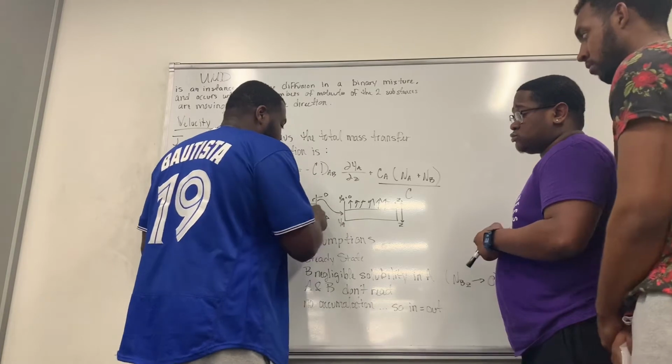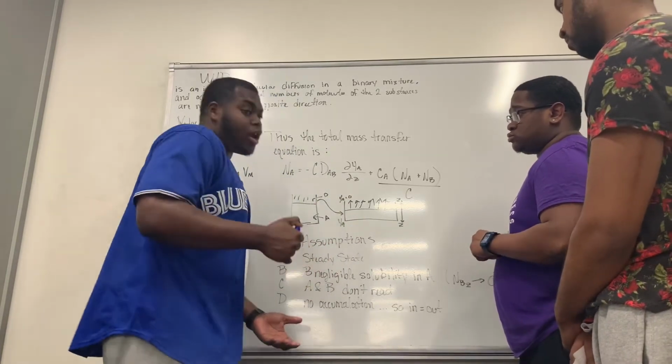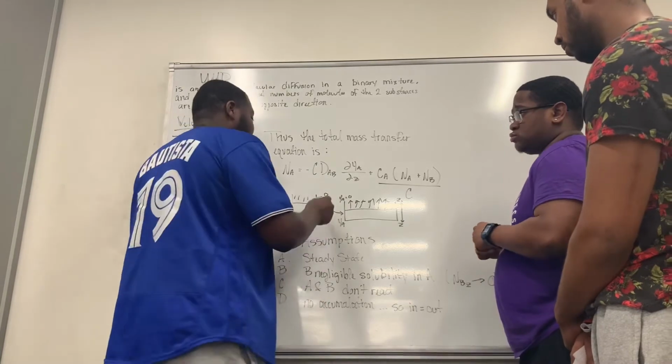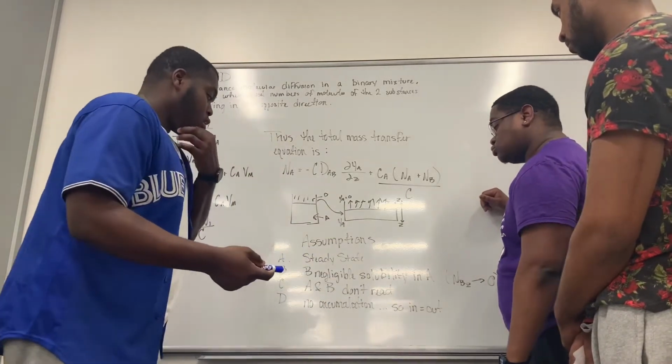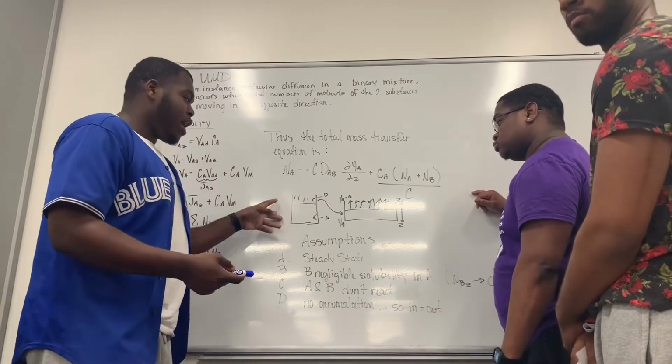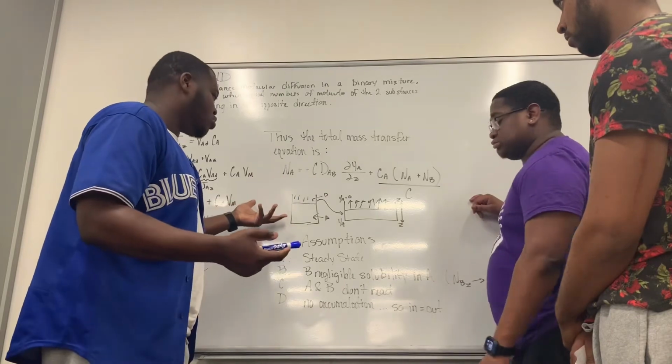If B is air or atmosphere, it is going to be 0. And A and B don't react, because B is just the atmosphere and doesn't react with the solution.